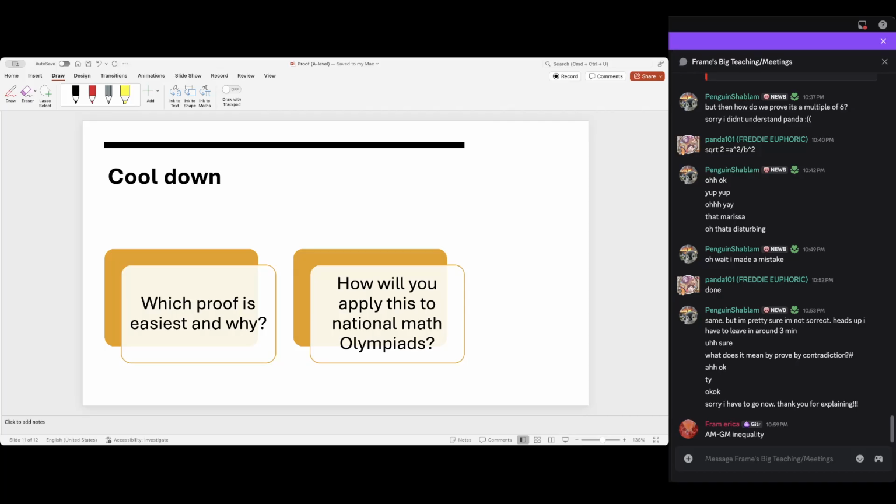In Britain, they have the British Math Olympiad, where you have to score well enough, like 100 or 110 or more, in a senior math challenge before you can qualify for it. These are all the proofs used in the National Math Olympiads and the AMGM inequality.